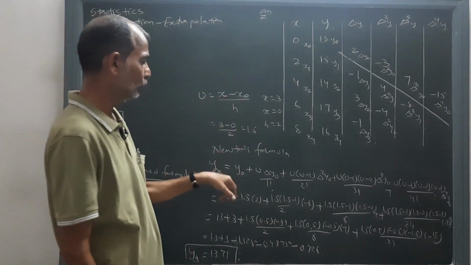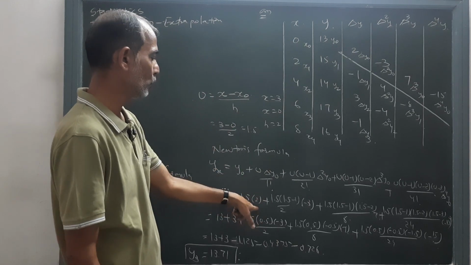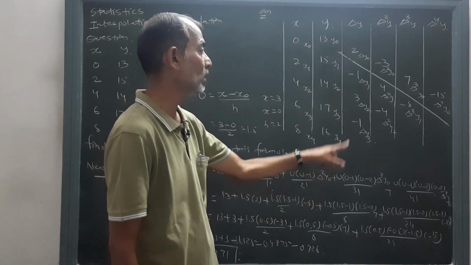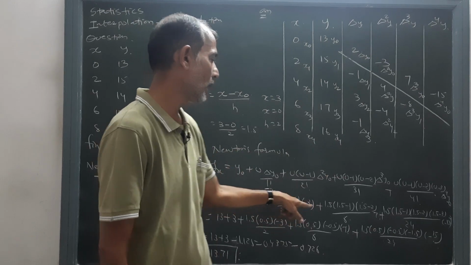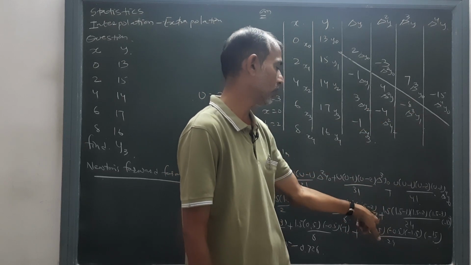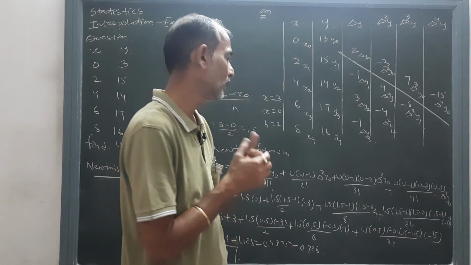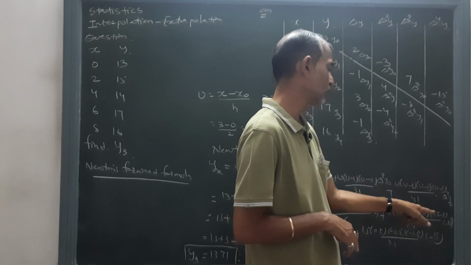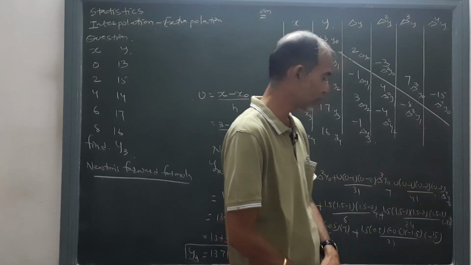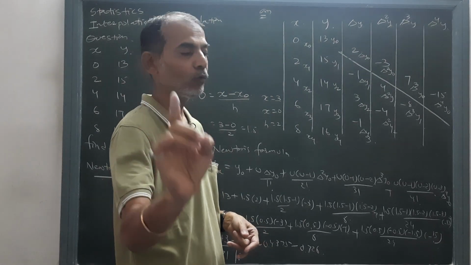Now y0 is equal to 13, u is 1.5, delta y0 is 2, 1 factorial is 1. Then 1.5 into 1.5 minus 1 with delta square y0 which was minus 3, divided by 2. Then 1.5 into 1.5 minus 1 into 1.5 minus 2 into delta cubed y0, that is 7 divided by 6, as 3 factorial is 3 into 2 into 1. Then 1.5 into 1.5 minus 1 into 1.5 minus 2 into 1.5 minus 3, into delta raised to 4 y0 which is minus 15, divided by 4 factorial, that is 24.